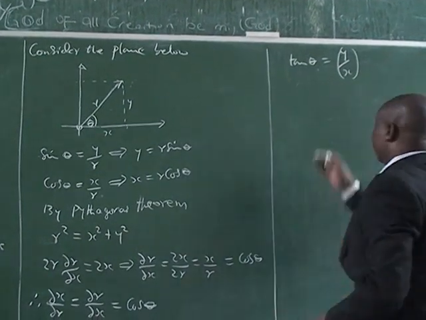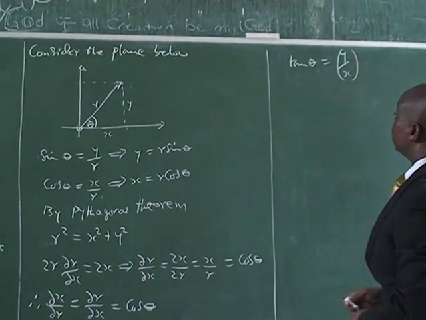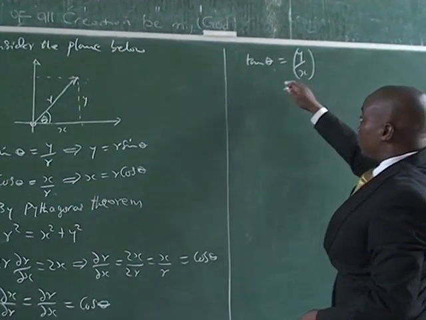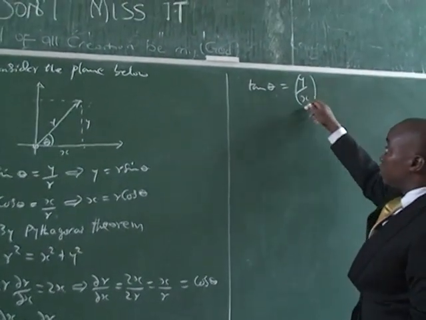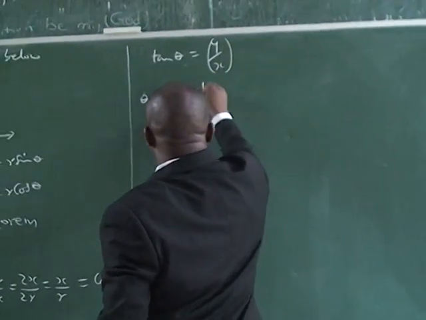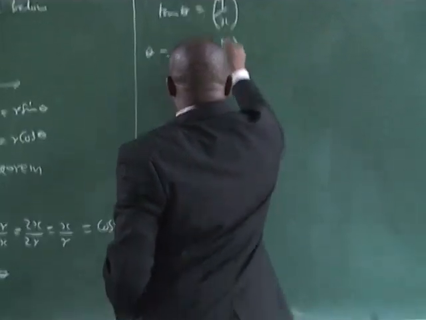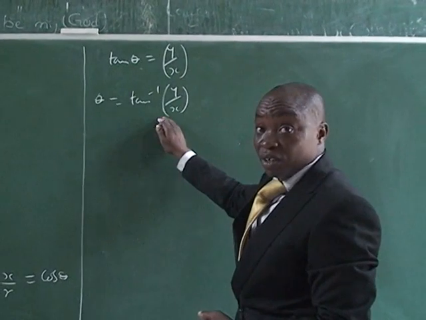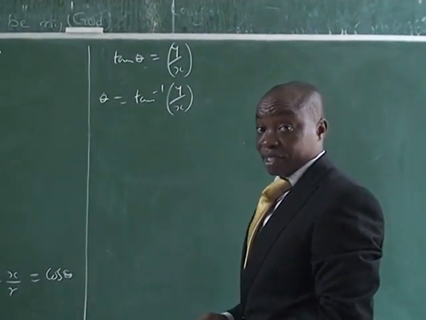Now, if tan theta is equal to this, it means that theta is equal to tan inverse of y all over x. That is theta. So I'm able to express theta now in terms of y and x.